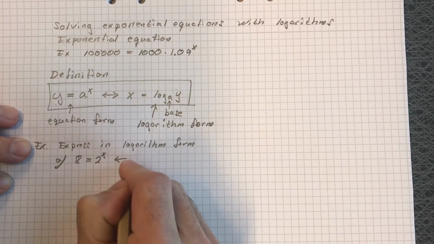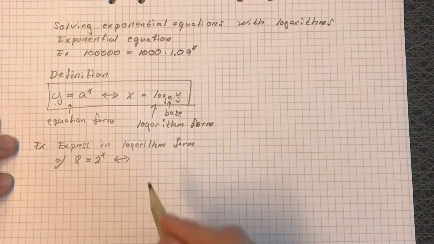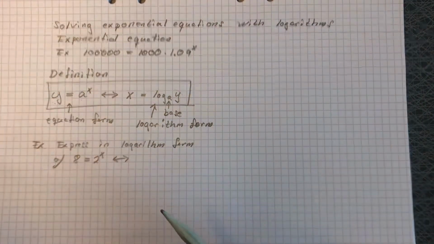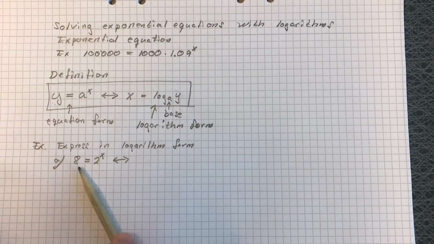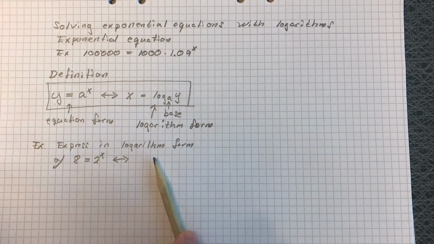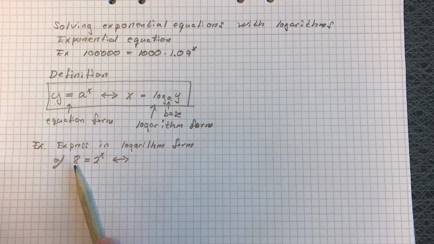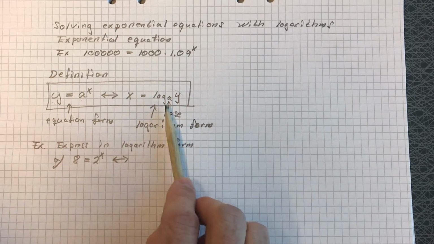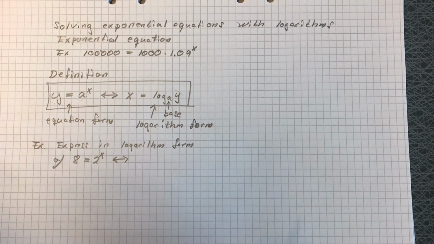That is the same thing as writing it. But now, if you want to, you can take a break in this video and try to rewrite it in the logarithm form. So you just have to translate y to 8, a to 2, and then see if you can find it out. And then you start again and you will have the answer.